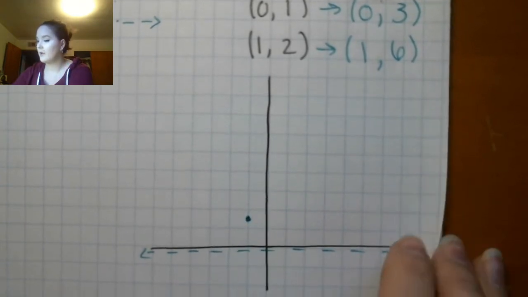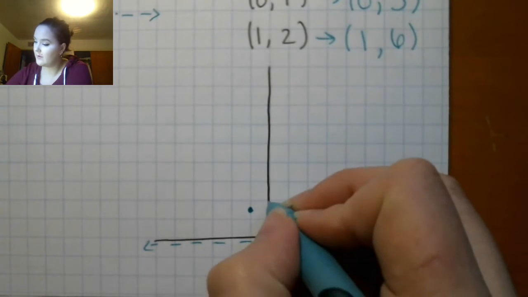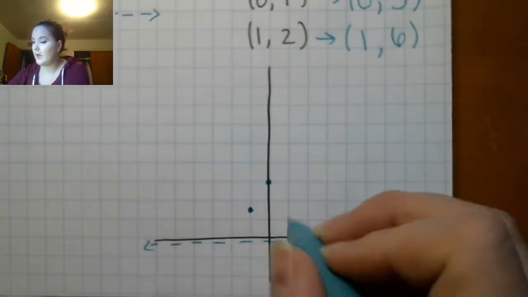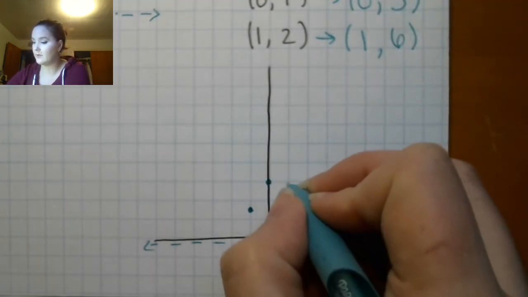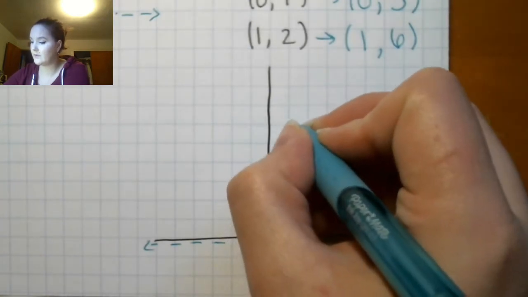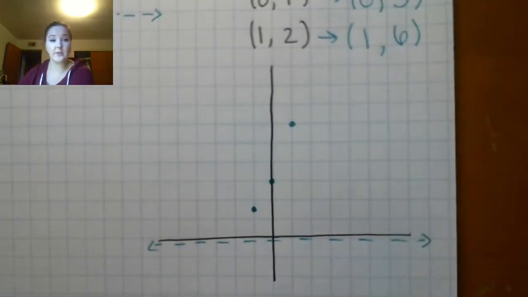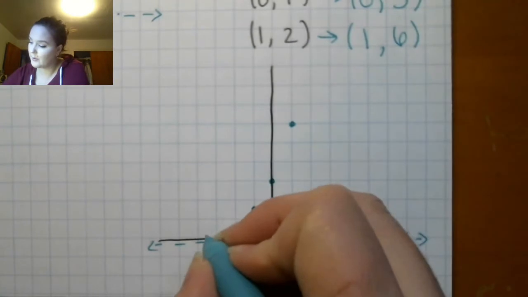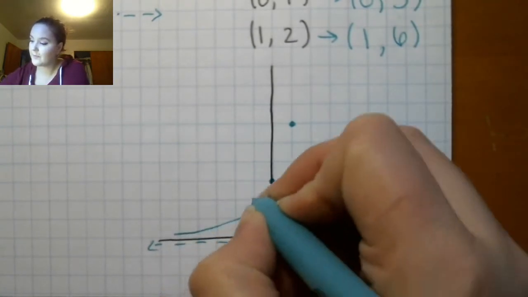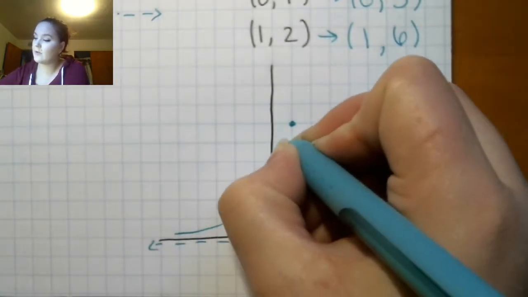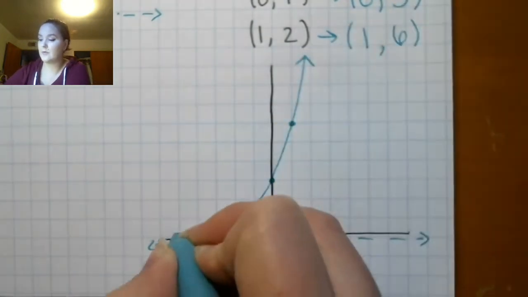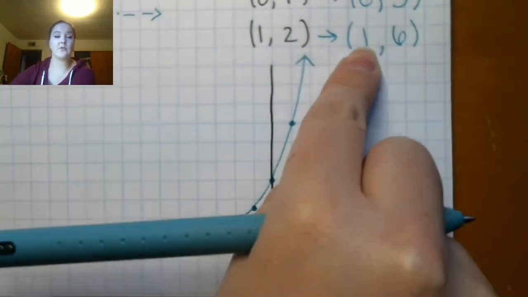Okay, 0, 3. Okay, and 1, 6. 1, 2, 3, 4, 5, 6. And then we're still going to draw in that basic shape. You'll note that the graph is still going down towards the asymptote, even though it's stretched out.